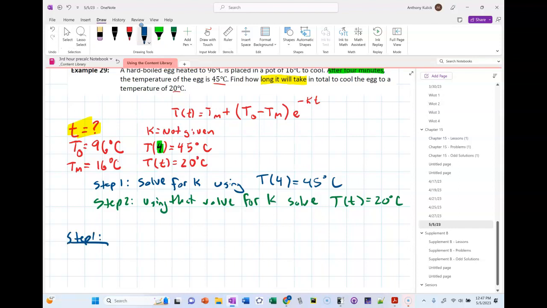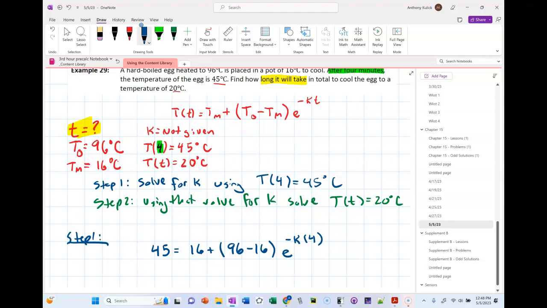So for step 1, I'm going to have 45 is equal to 16 plus (96 minus 16) e to the negative k times 4. Is everybody okay with how I plugged that in?